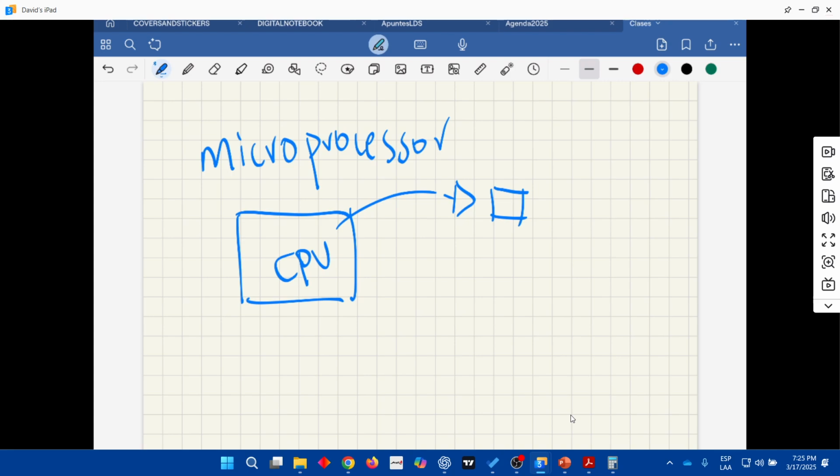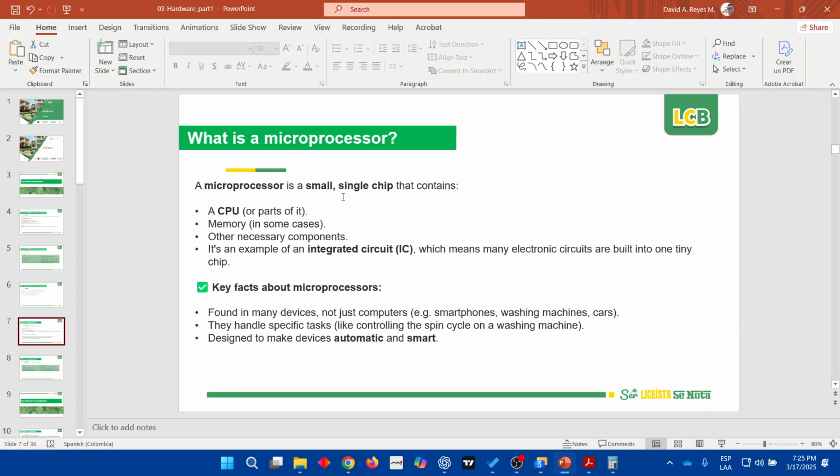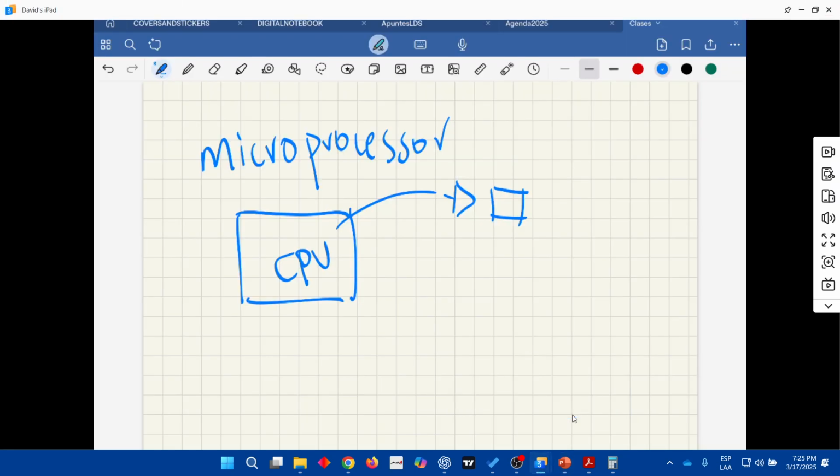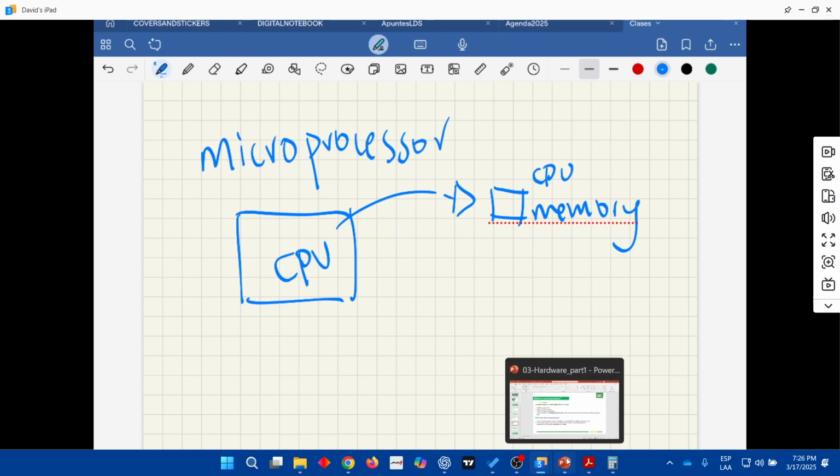So, small processors inside another one. It's a small single chip that contains this. So here you have the CPU, memory, and other parts if necessary.